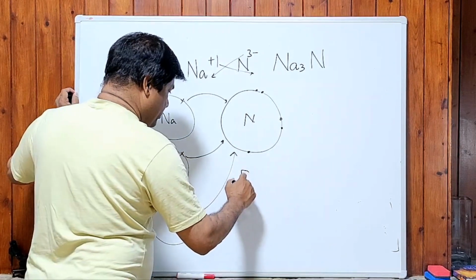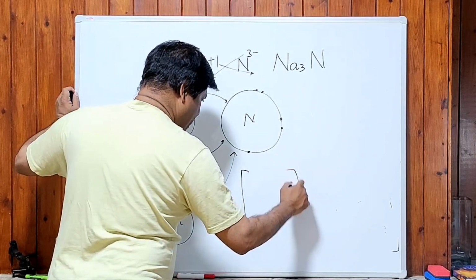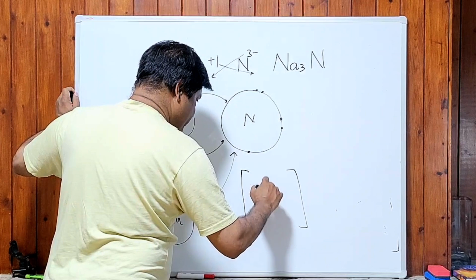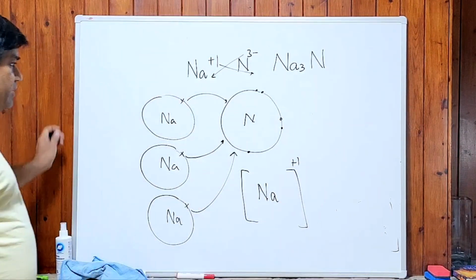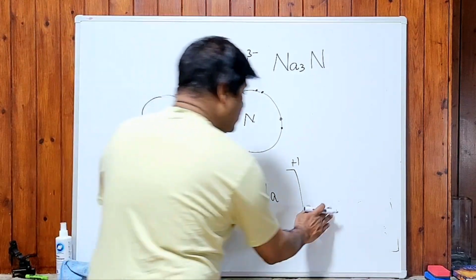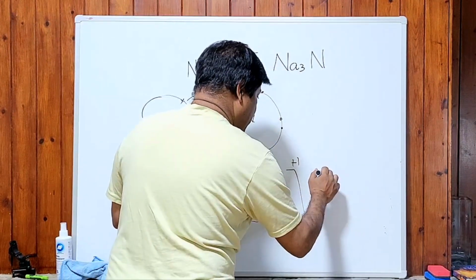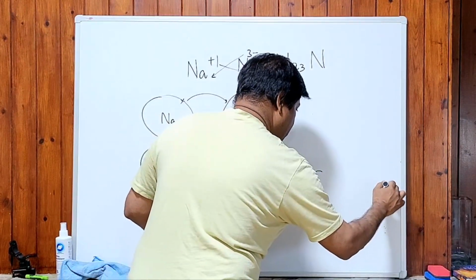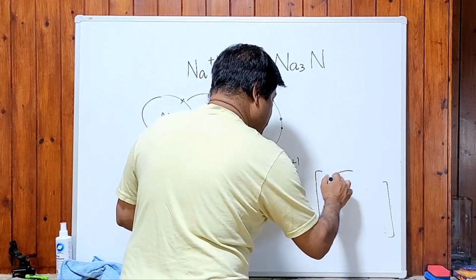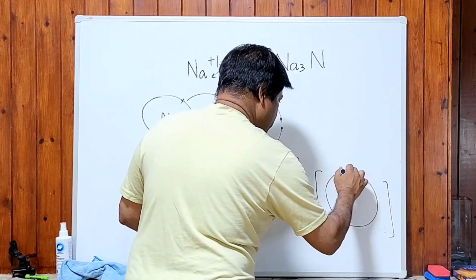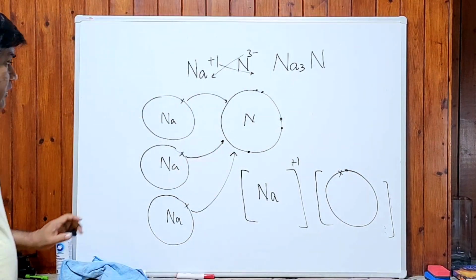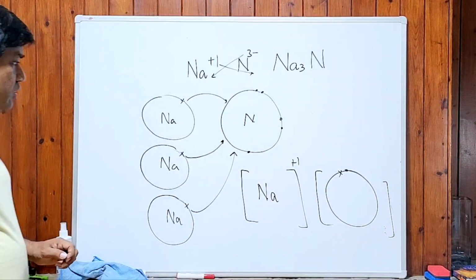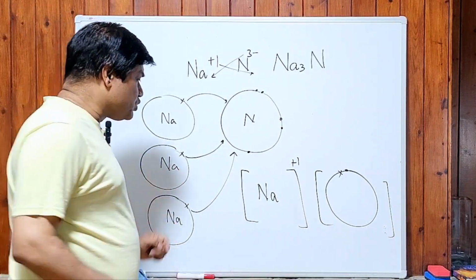So sodium becomes Na+, a cation, after losing 1 electron. Nitrogen gains 3 electrons and forms an anion. So 1 dot and a cross represent an electron donated by sodium.